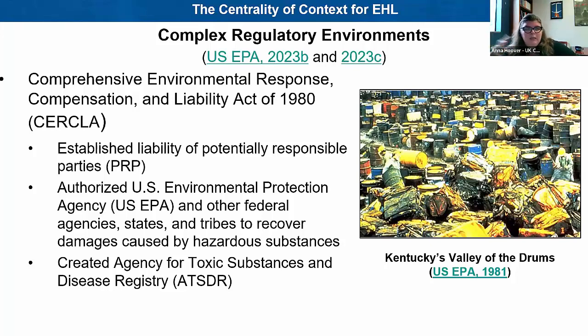They're called in legalese potentially responsible parties, but it really means the people who are responsible for the contaminant being in the environment. This law authorized EPA and other agencies to recover damages, monetary damages, to pay for the cleanups. And it created the Agency for Toxic Substances and Disease Registry, ATSDR.